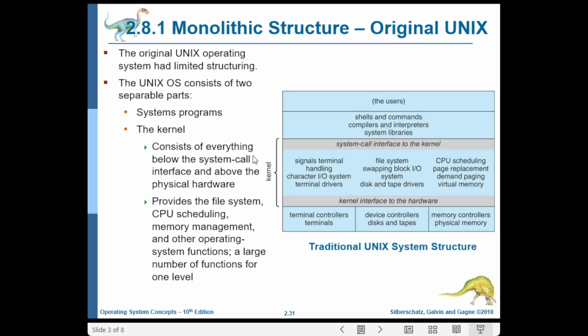The kernel is situated below the system call interface and above the kernel interface to the hardware. So this is the kernel. It provides the file system, CPU scheduling, memory management, and other OS functions.